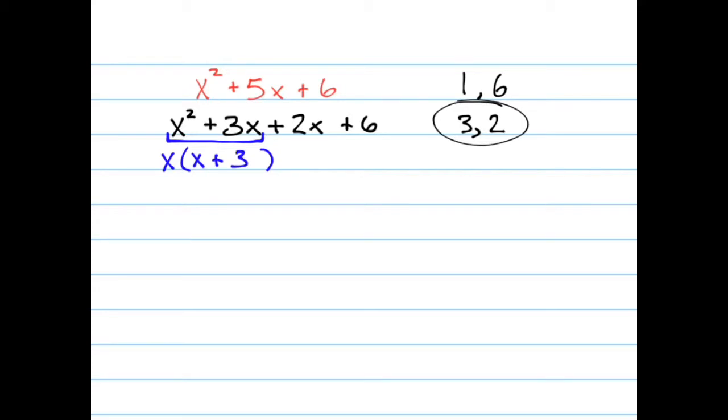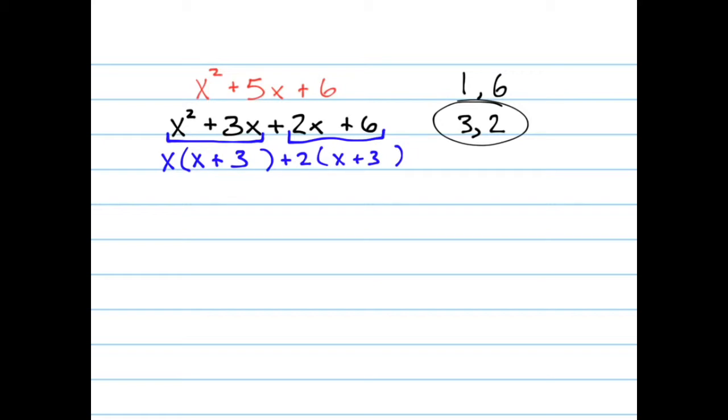So when we divide x squared plus 3x by x, we get x plus 3, right? We use our distributive property, x times x is x squared, x times 3 is 3x. What can we factor out of the second pair? The 2x plus 6. 2. And what's left? X plus 3. See something kind of special there?